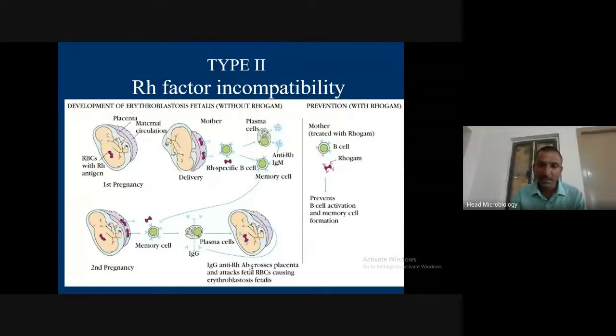Prevention is with RhoGAM: the mother is treated, which prevents B cell activation and memory cell formation.